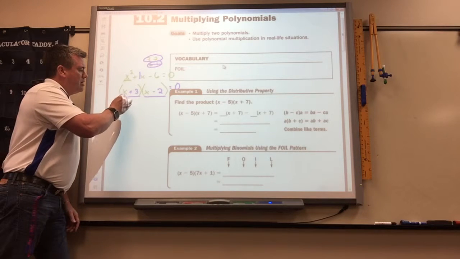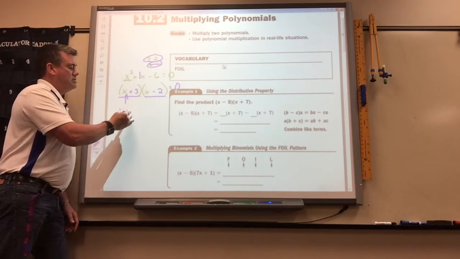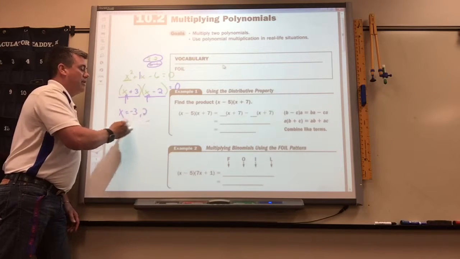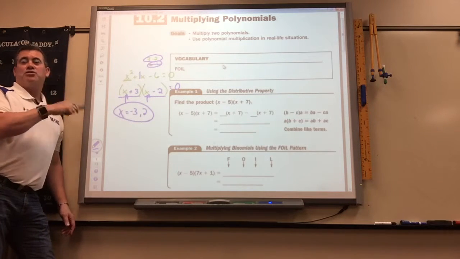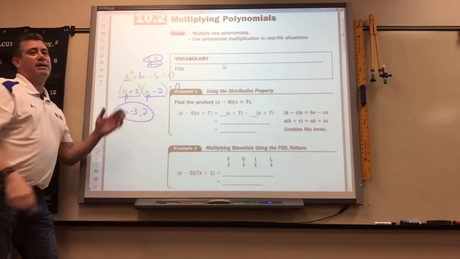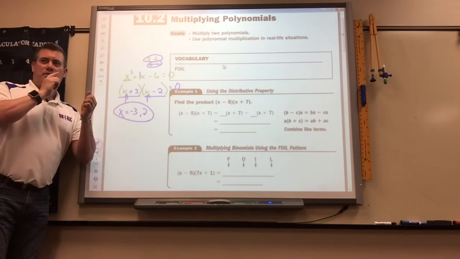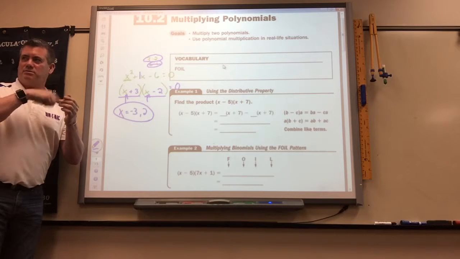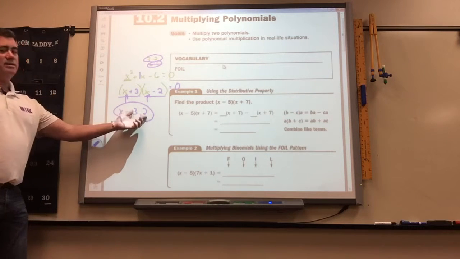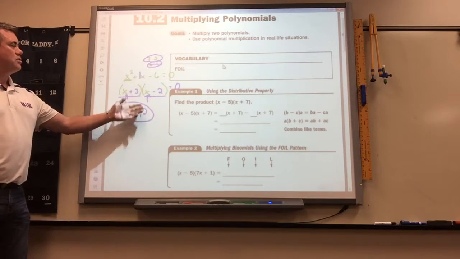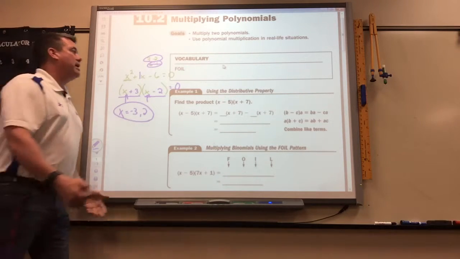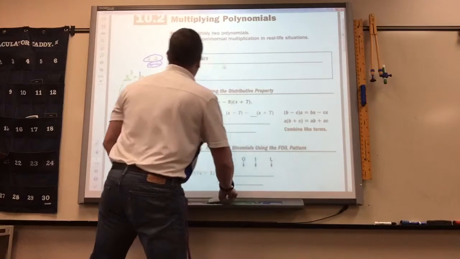What would I put in here to make that equal to 0? There's your two answers. So, if you did the quadratic formula, negative b plus or minus the square root of b squared minus 4ac, all over 2a, you'd get these two answers. So it's a lot quicker doing it this way. Okay? But today we're just doing the multiplying.